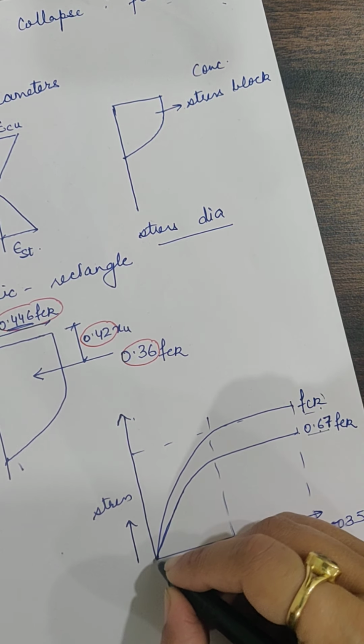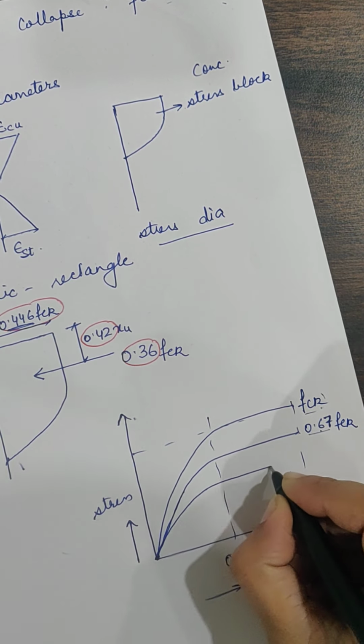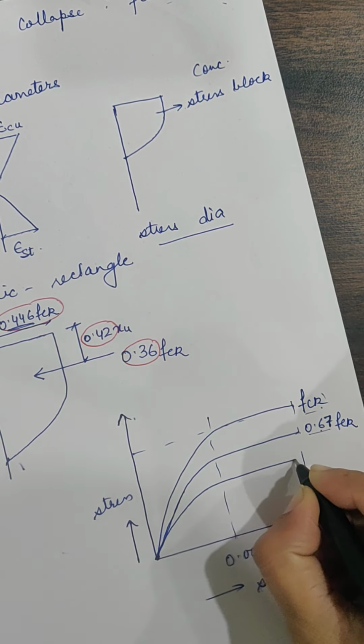Then further, we reduce this by dividing it by a factor of safety. I have already provided in my previous videos, this factor of safety is taken as 1.5 for concrete. So 0.67 divided by 1.5 actually gives you 0.446 FCK.